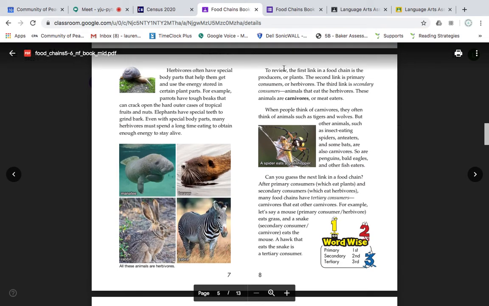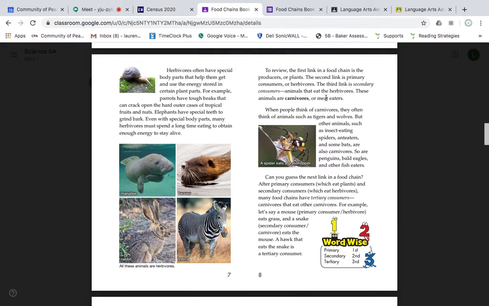To review, the first link in a food chain is the producers, or plants. The second link is the primary consumers, or herbivores. The third link is secondary consumers, animals that eat the herbivores. These animals are carnivores, or meat eaters.